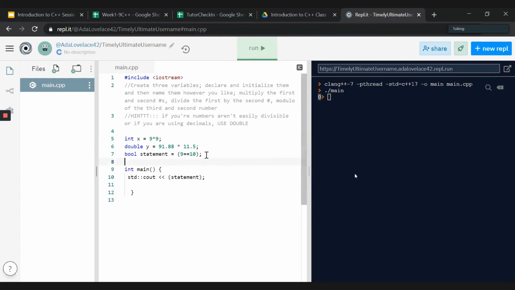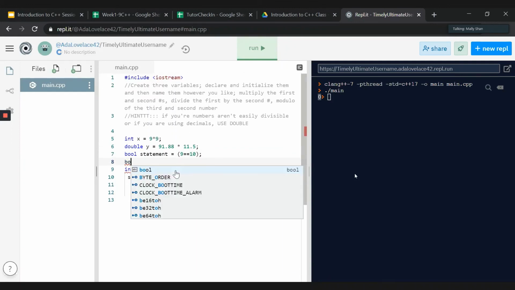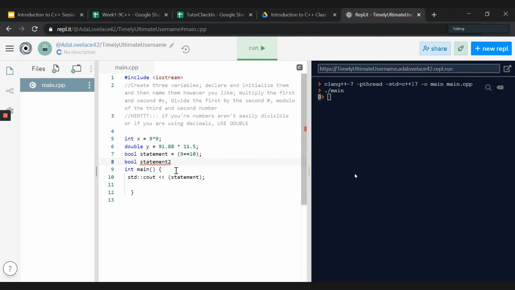But here, I'll write it in a different way. We say bool statement, statement 2. This is us defining it. Or you know what? This is an even better way of writing it. We can just write out 9 equals 10. We run that. Yeah, again, we just get 0. But if we did 10 equals 10, we should get 1.